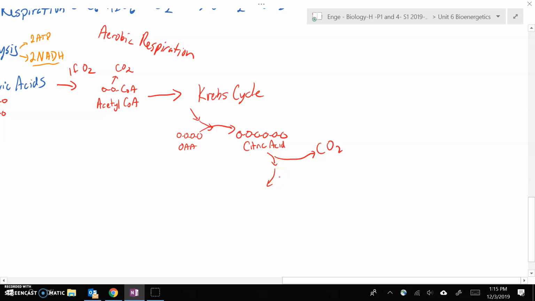and then we are going to go ahead and oxidize it, or we're going to take off some hydrogen and electrons and put them onto NADH. This is the important thing. Right? We're going to pop off another carbon dioxide.